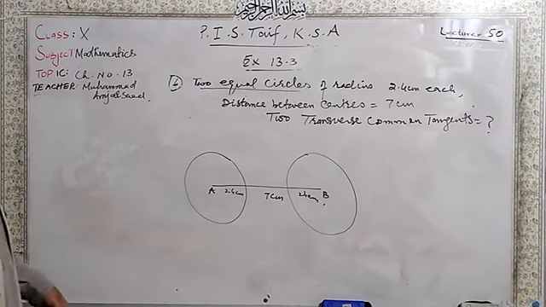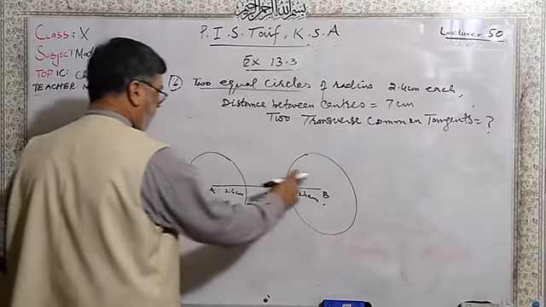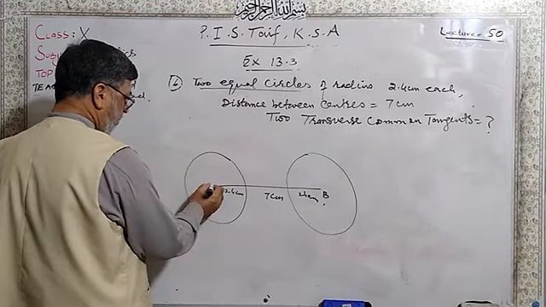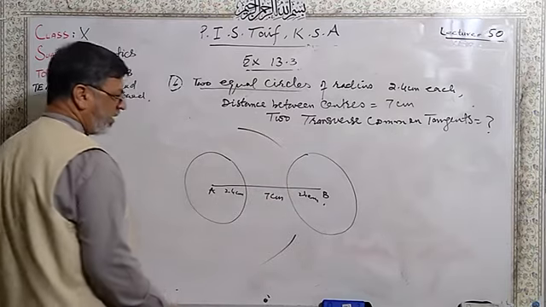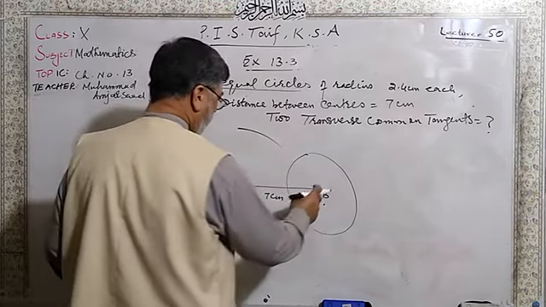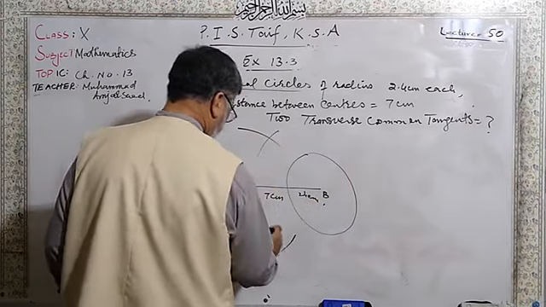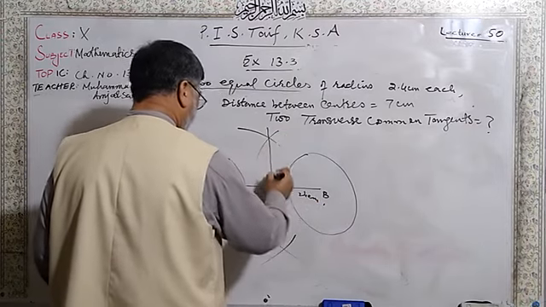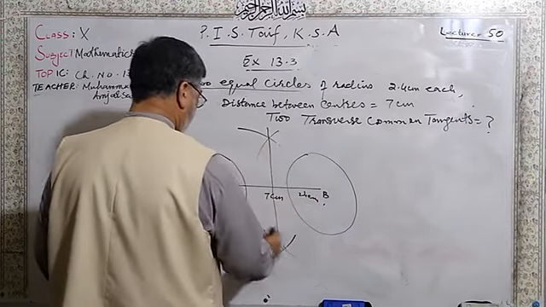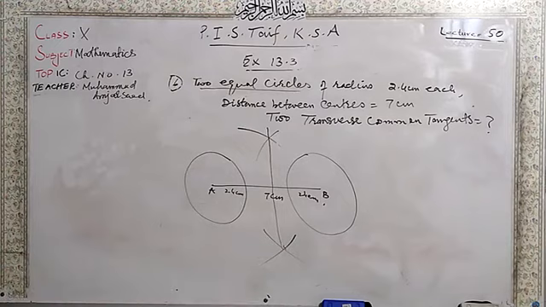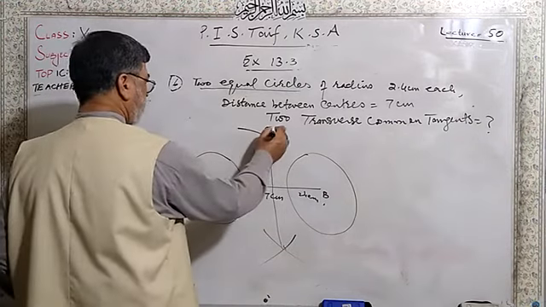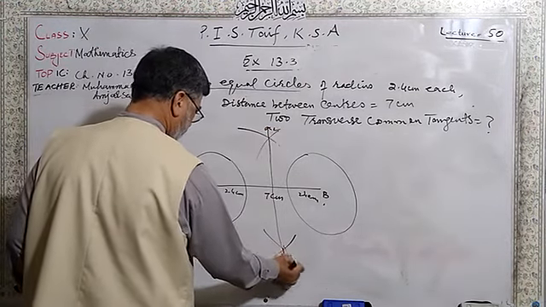Dear students, after that, draw the perpendicular bisector of AB. Open the compass at A, open your compass more than half and draw two arcs above and below. Similarly at B, draw the other two arcs and that will give the midpoint of AB. Draw the perpendicular bisector, suppose it is LL dash.